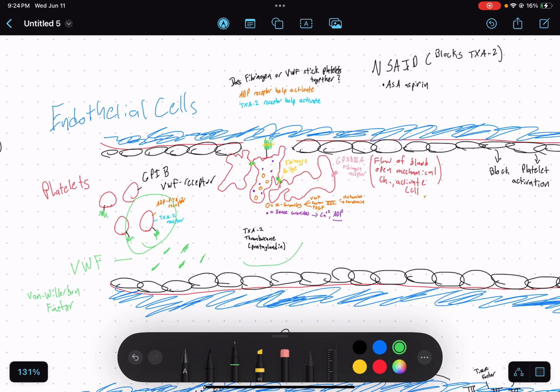And then the TXA2 is released by endothelial cells, which both of those combined are going to activate this cell, and it's going to connect it to the platelet, creating this little plug here.